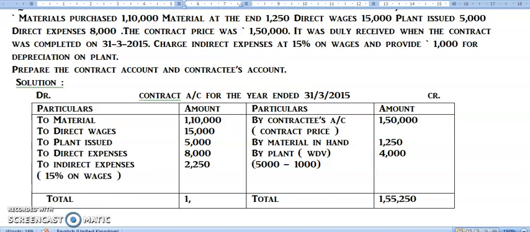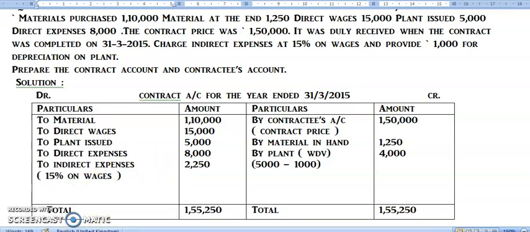If there is a loss, no problem, we'll change the figures from debit to credit. Based on assumption, you write the total on both sides, because we are always thinking positively that we are getting some profit from this contract.